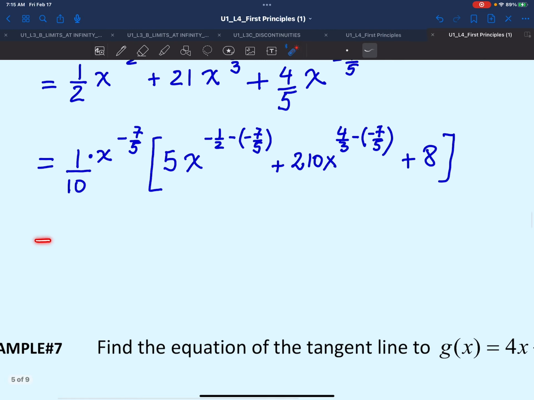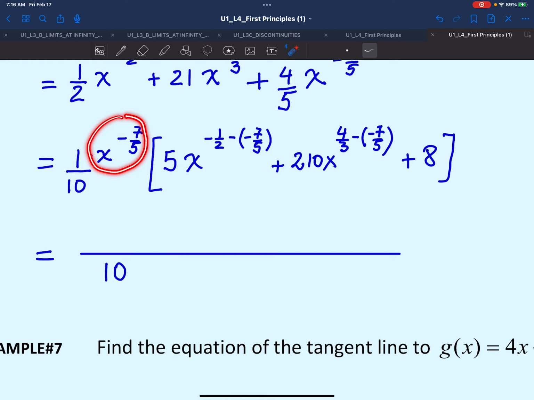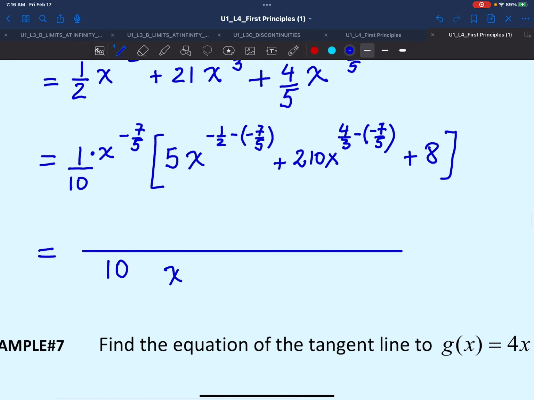So we have a little bit more work to do here. I'm going to write a long fraction line. So I will bring 10 in the denominator, that's where it is. And since x to the negative 7 over 5 is in the numerator, I'll bring it down so that the power becomes positive. Now let's take a look at our numerator.